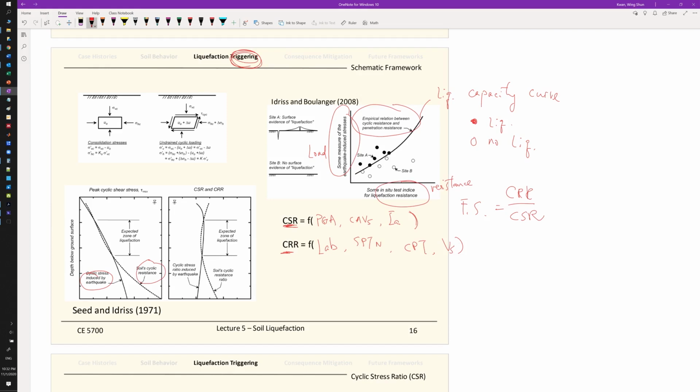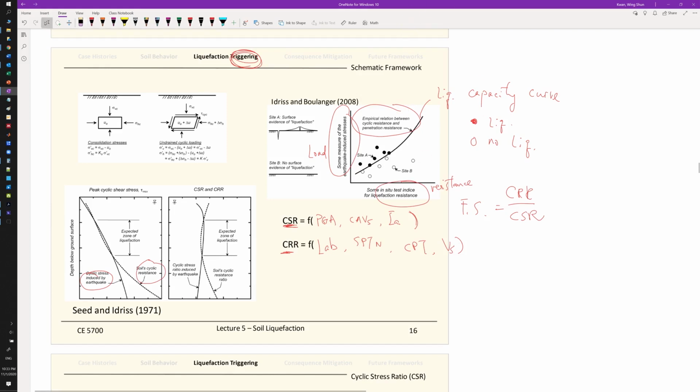The resistance curve could come from site-specific data, and then you plot out the loading versus the resistance, and you have the locations or depths of soil layers where the loading is greater than the resistance, and those would be the locations where you expect soil liquefaction could happen based on your design event.